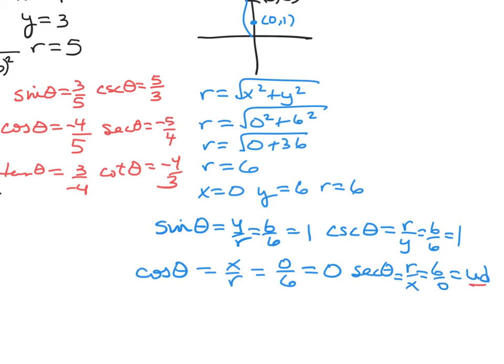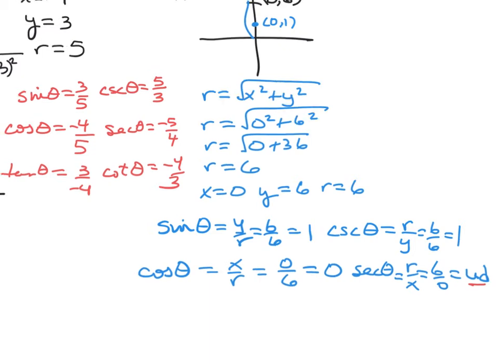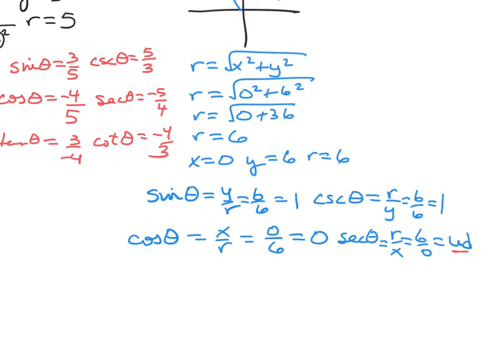Know the difference. Yes? When we do a problem like that, do we need to graph? No, you don't have to graph it. Okay, tangent is y over x. So for tangent, 6 over 0 simplifies to undefined.